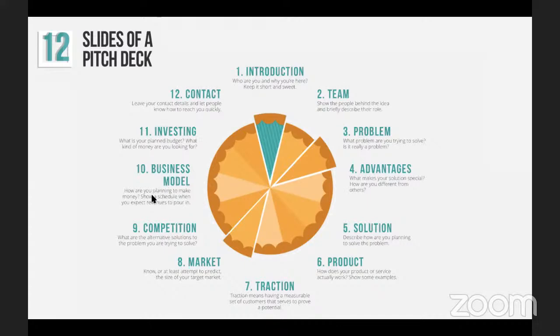Business model, how do you intend to make money? This is a retainer-based service where clients would have to pay, for argument's sake, $50,000 per month, and you can probably have a breakdown of what those prices would be.